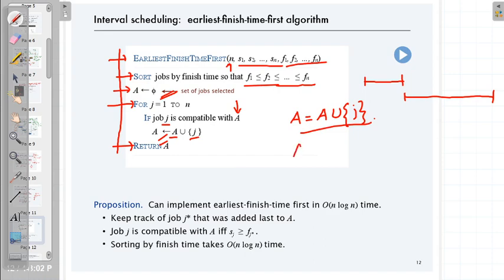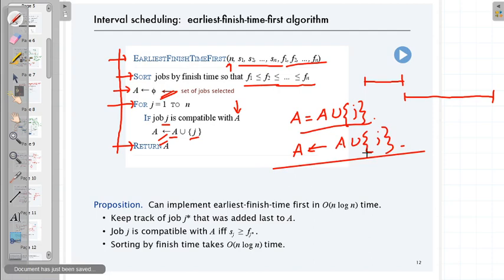You should write that A becomes A union J, something like this.